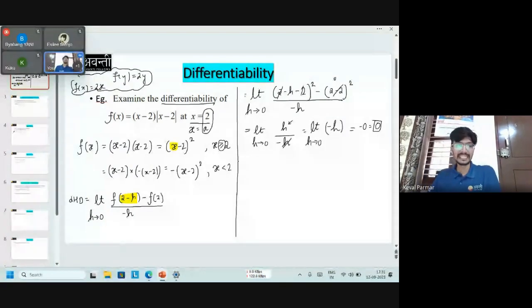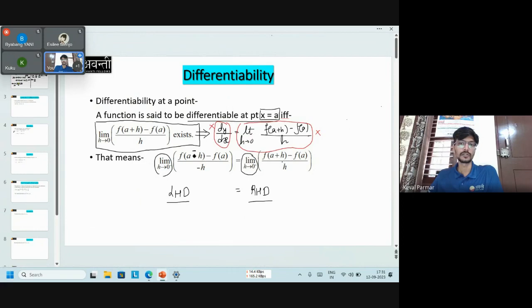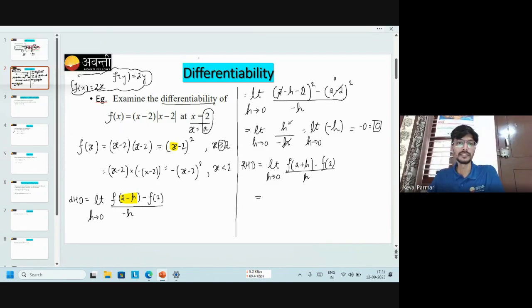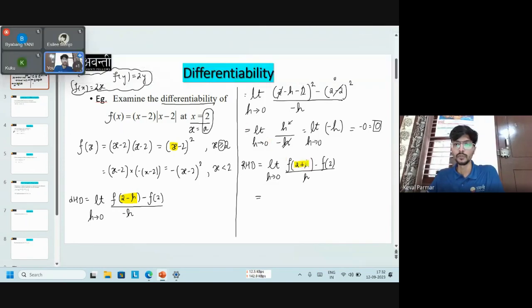Let's move on and check the right hand derivative. What is the right hand derivative? It is limit h tends to 0, f of 2 plus h minus f of 2 upon h. Again, f of 2 plus h means in place of x put 2 plus h.